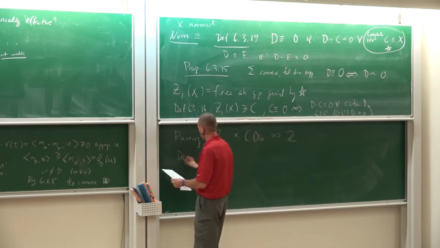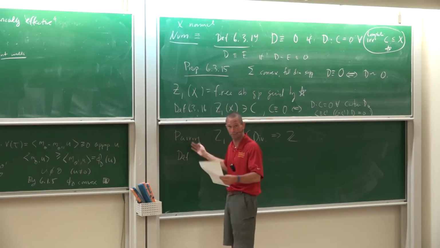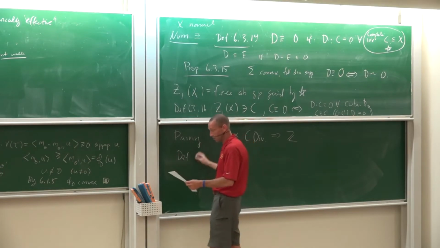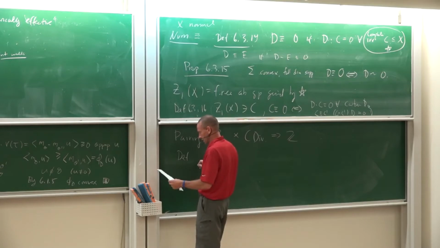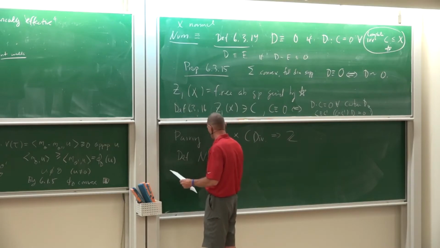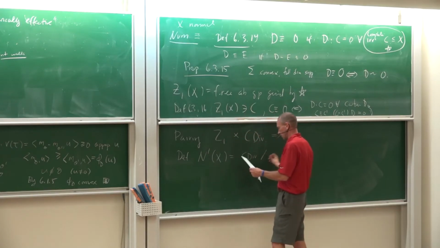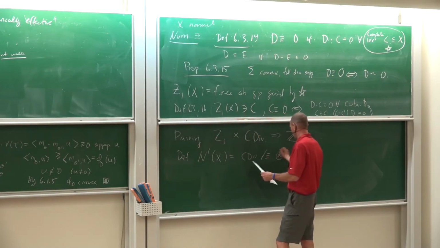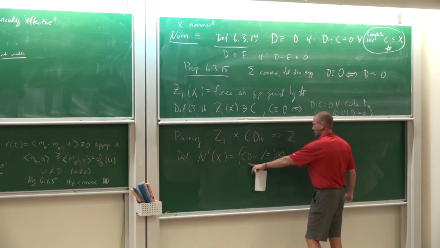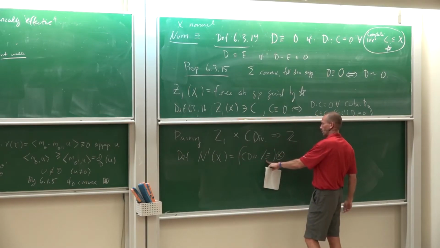A couple more definitions. You guys have to bear with me. I'm sorry, I know we're right before lunch and there are lots of definitions, but we're going to do some nice examples in a second. So N1 of X is Cartier divisors mod numerical equivalence. So I take Cartier divisors and kill off this numerical equivalence, which for us is just linear equivalence, right?